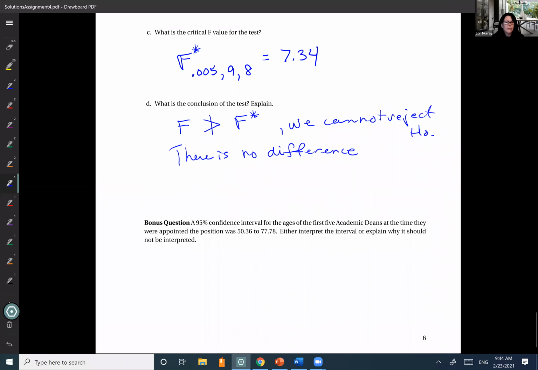It is what it is. So if it's not a sample, then it's defined as a population, or at minimum a subpopulation. But it's still a population. So the best way to get the bonus is to say something like the confidence interval should not be interpreted because we have a population, not a random sample.